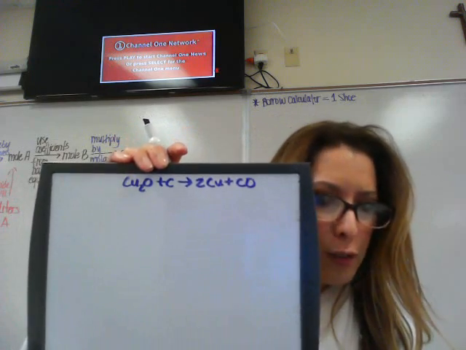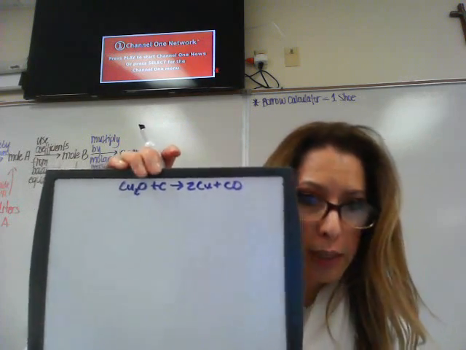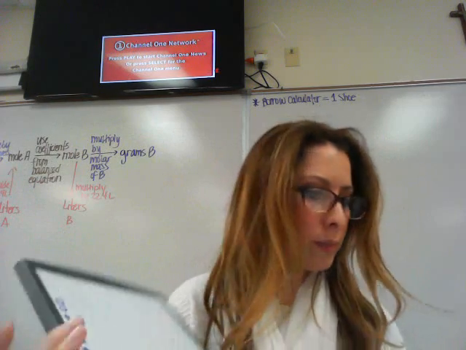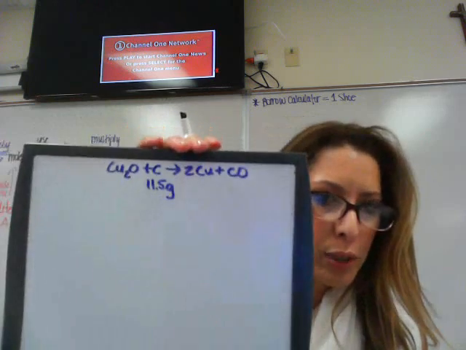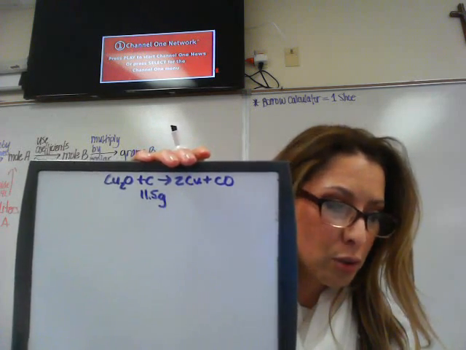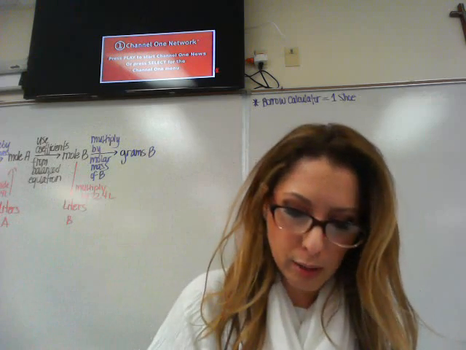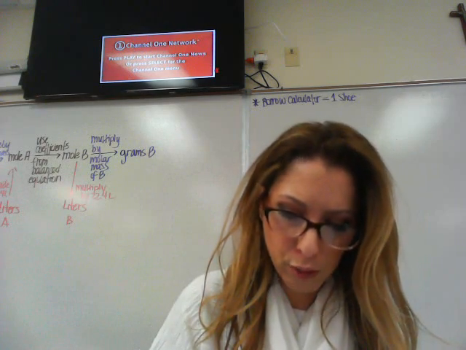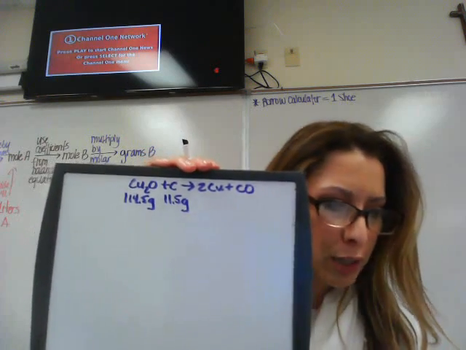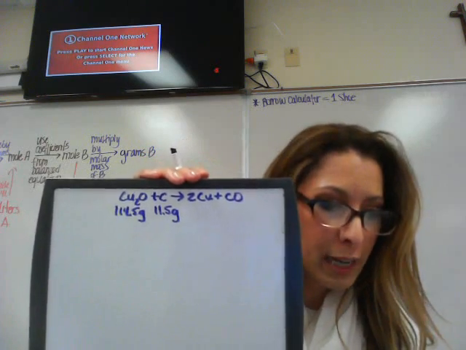So when 11.5 grams of carbon, so I'm going to write 11.5 grams underneath carbon, are allowed to react with 114.5 grams of Cu2O. So we're going to write 114.5 grams under Cu2O. 87.4 grams of copper are obtained.